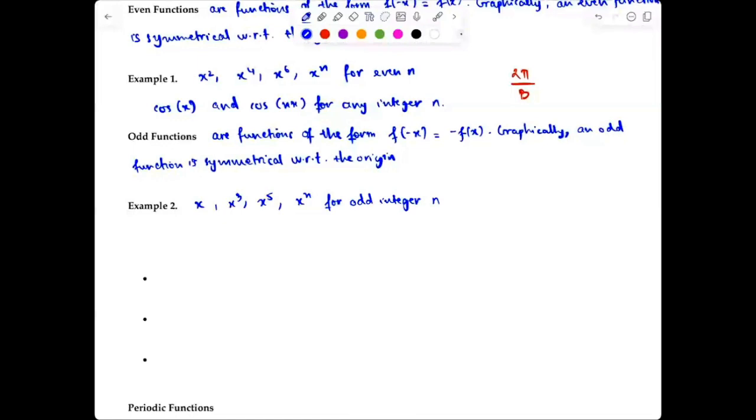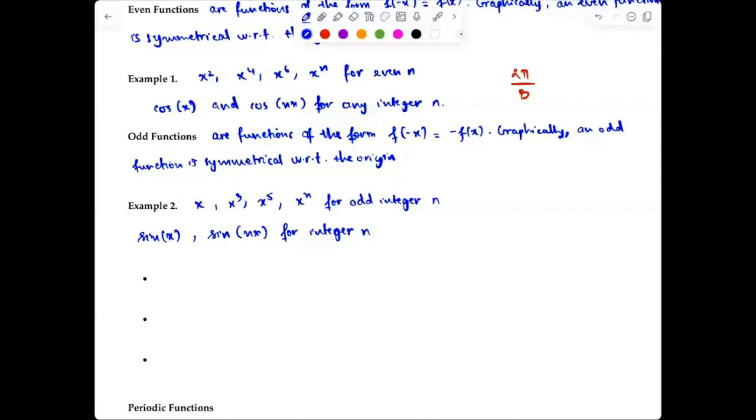Now, I want to relate back to the sine and cosine functions. Sine of x is an odd function. Sine of nx is also an odd function for integer n. Cosine is a periodic function of period 2 pi, and sine is also a periodic function with period 2 pi.